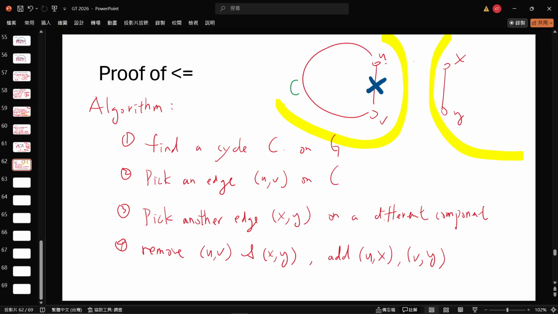Okay, and then we find a different component and pick any edge on the new component, XY. And we just remove these two edges and create the bridges.